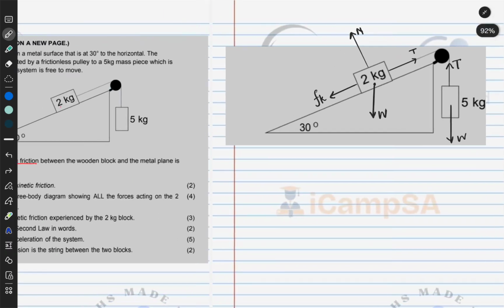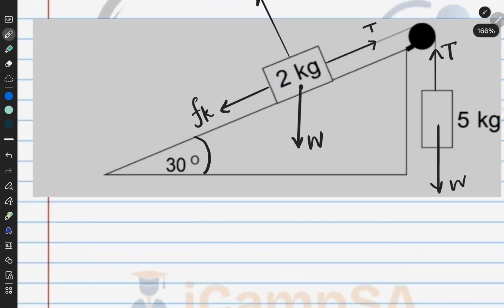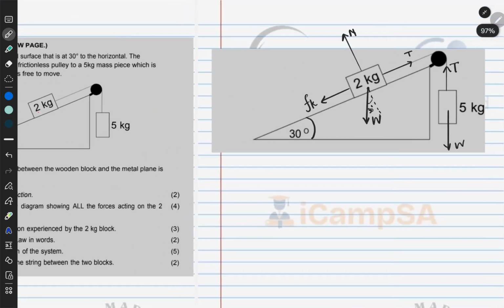Okay, so from here we can take out our free body diagrams. Also remember this 30 degrees here. You can simply take it and put it there. Now we can have our free body diagrams for these two objects.